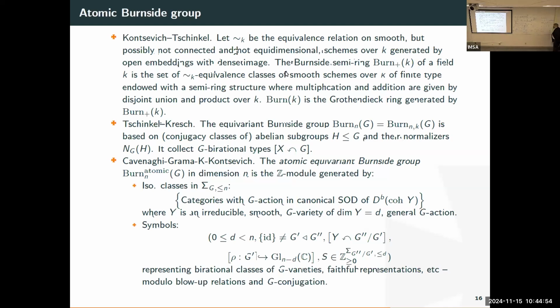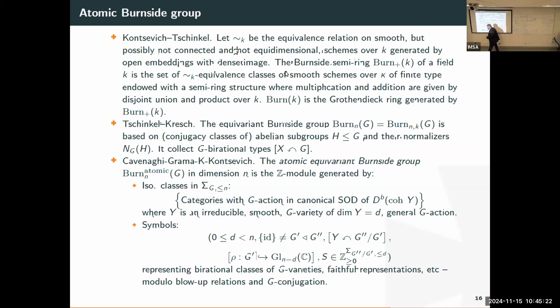So this piece here corresponds to the elliptic curve that we blow up in P1 cross P1, and there is no obstruction to doing this over the complex numbers.